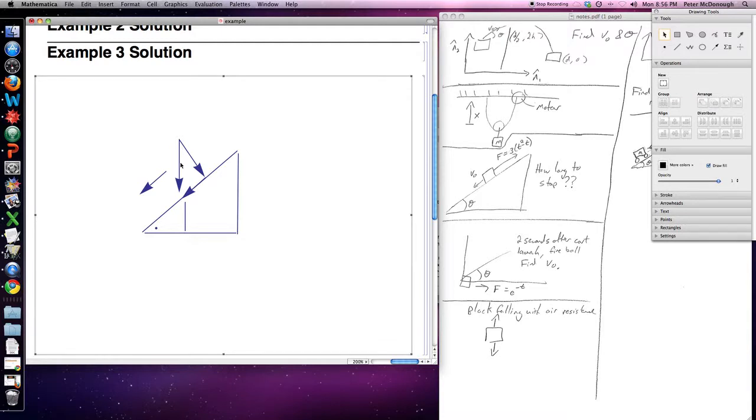So if my gravitational force is mg, and I want to figure out what this component is right here, that's opposite of this angle, so this component will be sine theta mg.